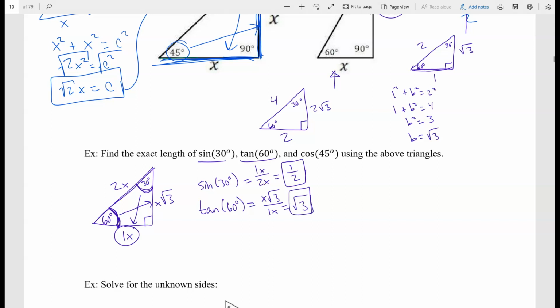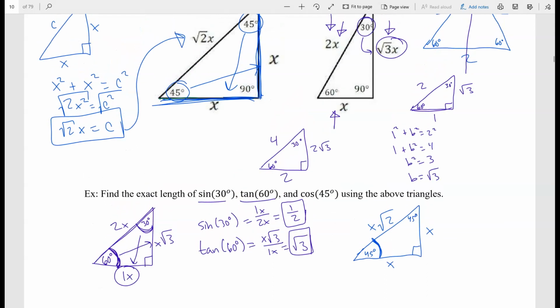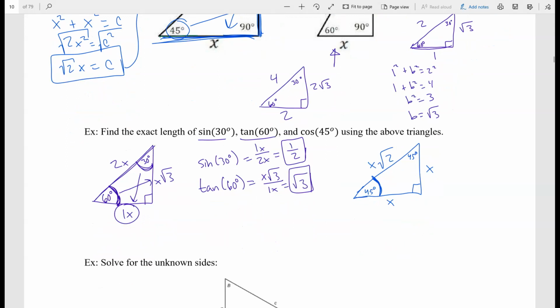And now let's look at the cosine of 45 degrees. Let's draw a 45, 45, 90 triangle. We know this is x, and x square root of 2. It doesn't really matter which one we use for the cosine of 45, but remember that the cosine is always the adjacent over the hypotenuse.